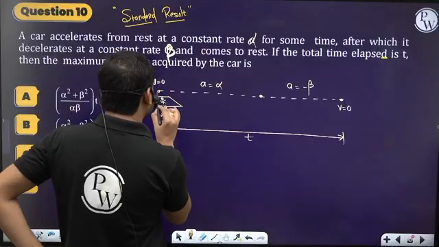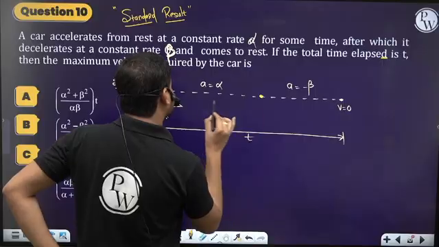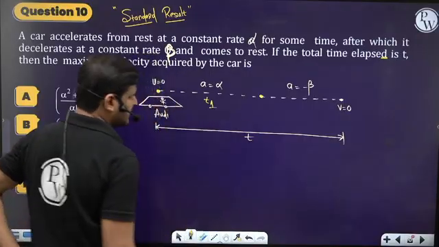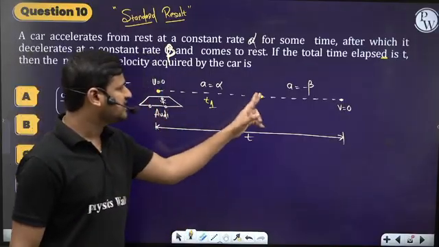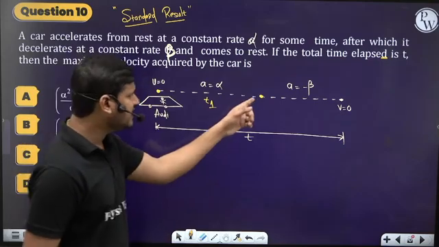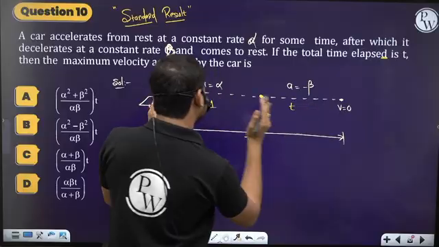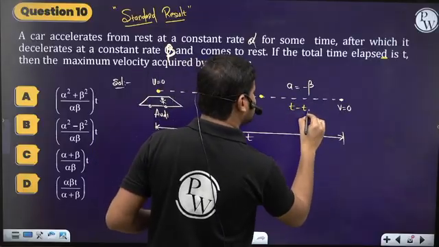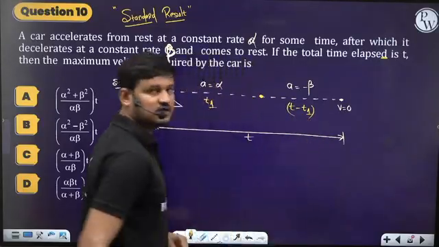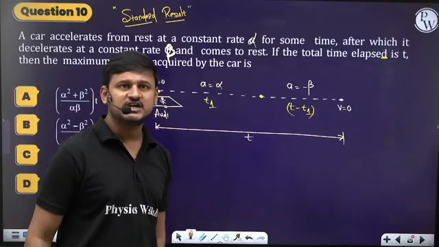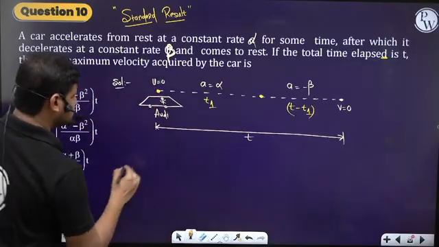So first let's suppose the body is accelerated for some time t1. Then it decelerated. So what will be this time? Total time is t. This time is t1. So this time will be t minus t1. Now, just see here.